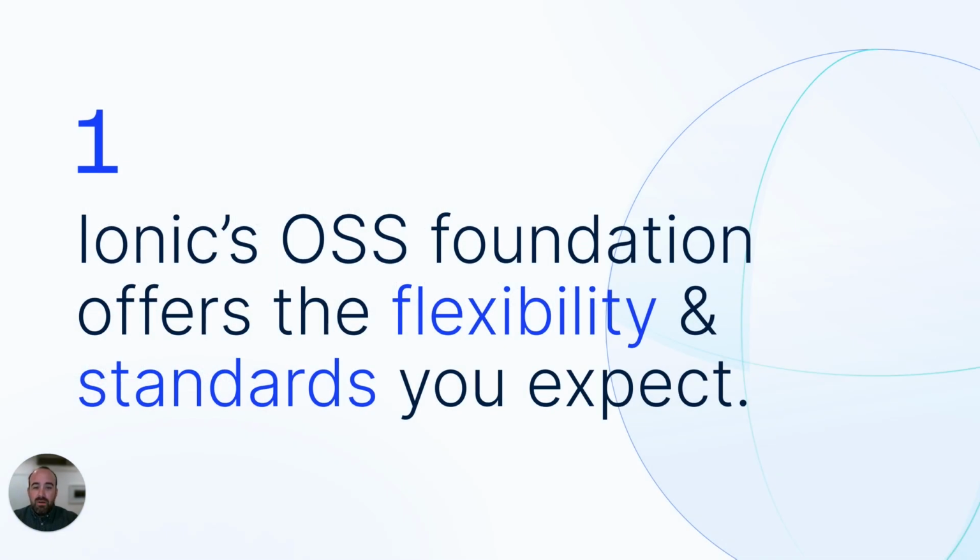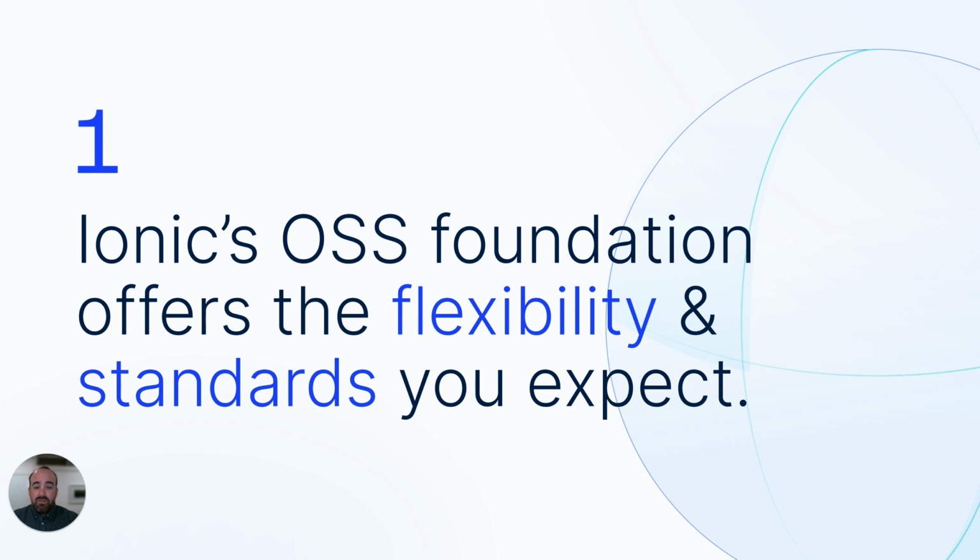So the number one piece in all this is an open source foundation. I just said that traditional open source isn't working, but there's so much that's good about open source. And any solution that's going to power enterprise apps is going to be open source at the core.